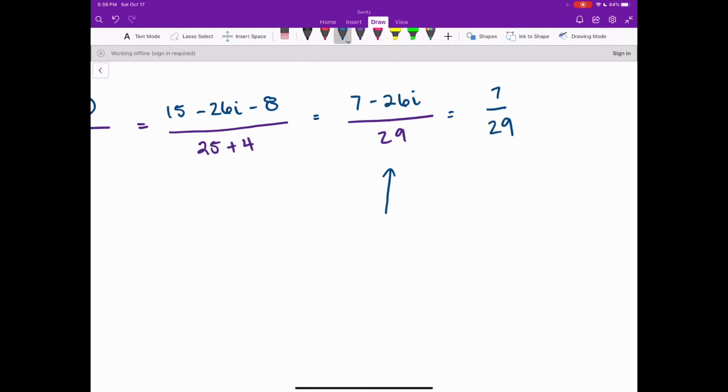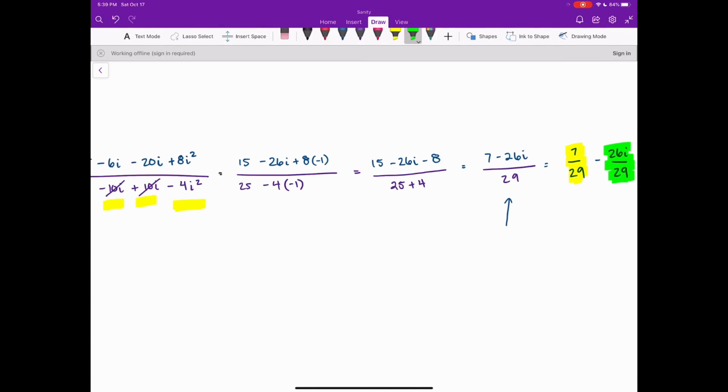Again, I'm breaking up this addition, but I still have to use those denominators of 29 there. So the real part would be 7 over 29, and the imaginary part would be minus 26i over 29. So there, it looks crazy, but technically it is a complex number because we have the real part and we have the imaginary part. Okay, that was a lot.